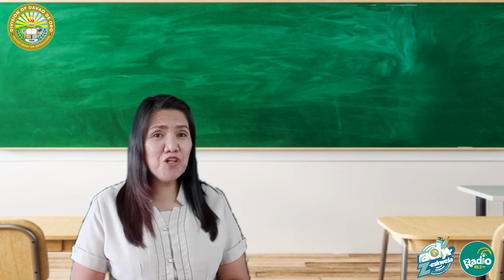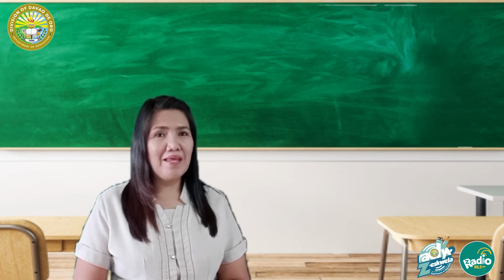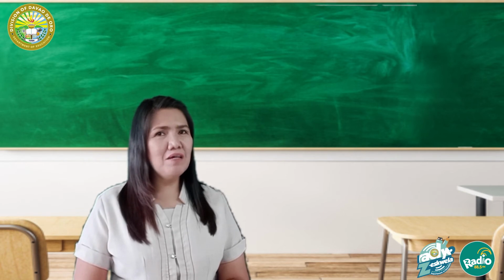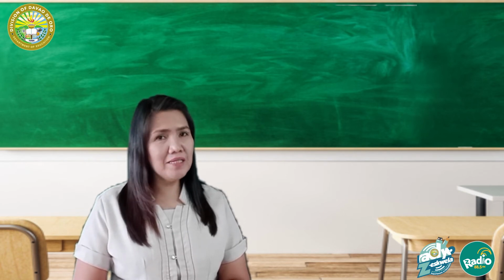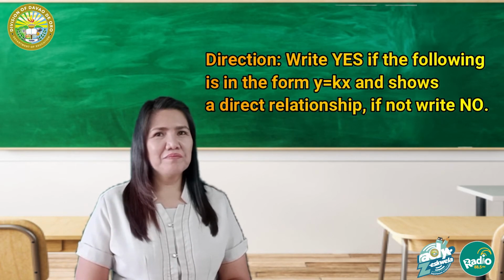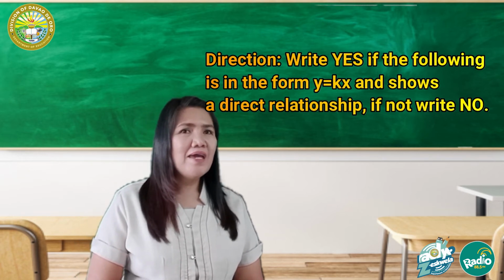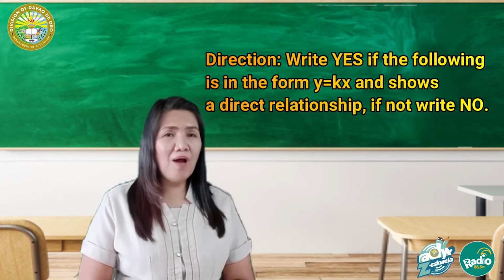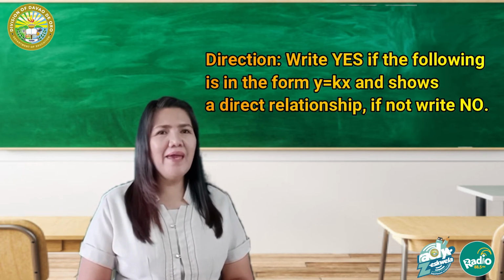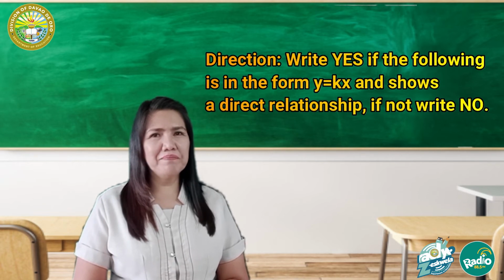Now, get your pen and notebook for an activity. Listen carefully, for I will only read the question twice. Direction. Write yes if the following is in the form y equals kx and shows a direct relationship.